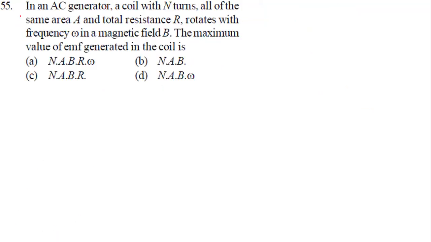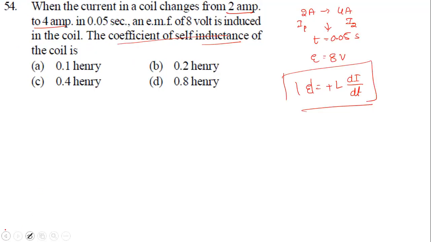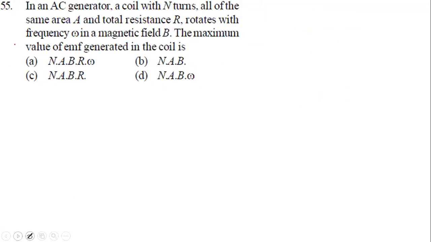Now look at question 55. The previous question is clear; you can use this formula. In an AC generator, a coil with N turns, all of the same area, total resistance R, is rotated with a frequency omega in a magnetic field.